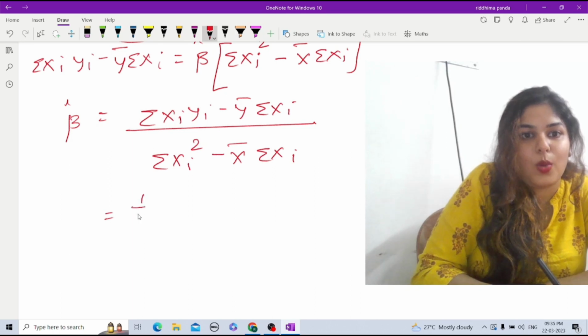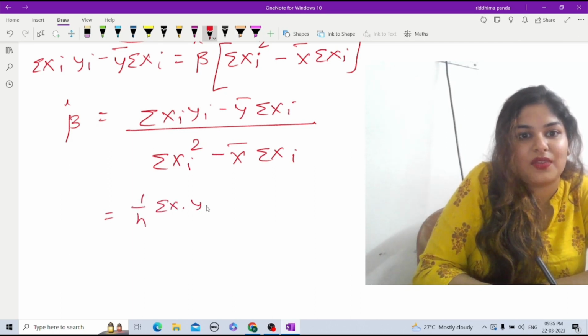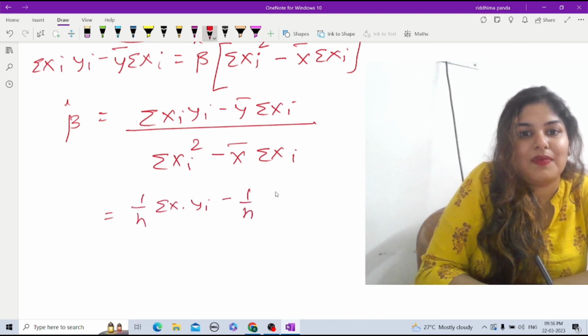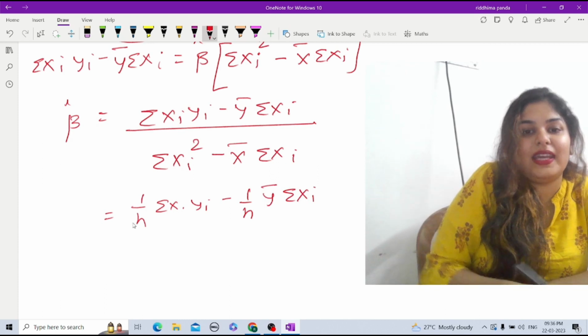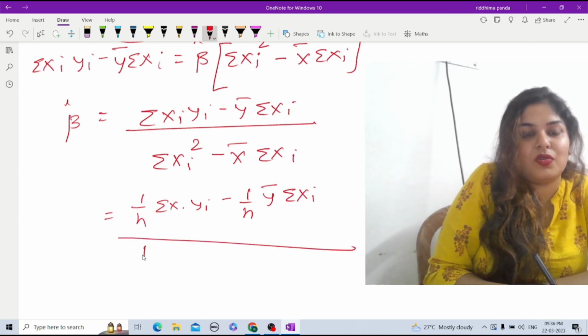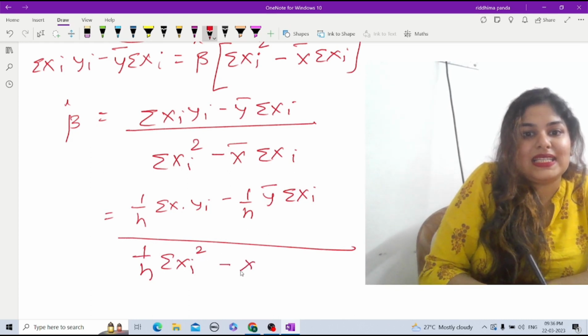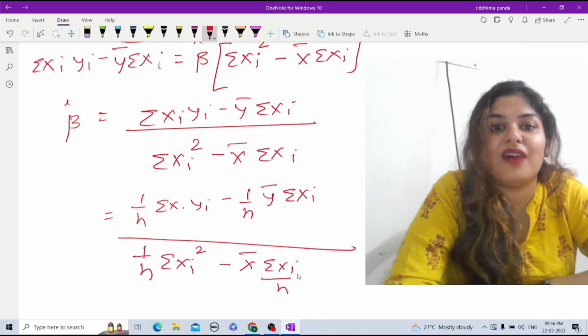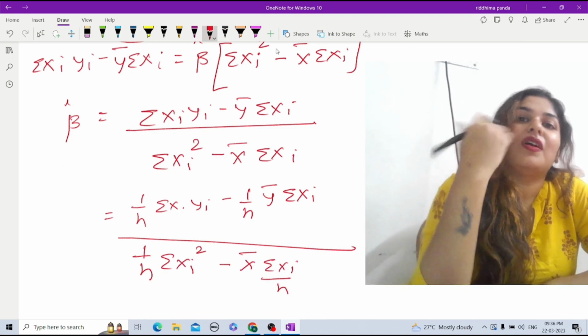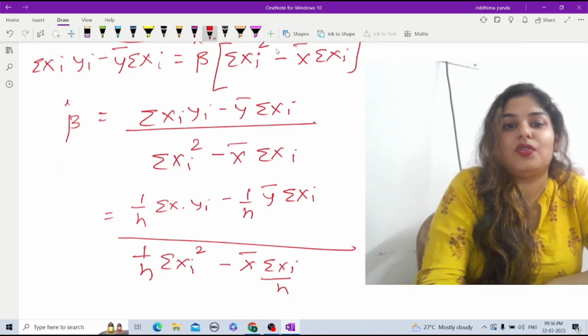So let us say 1 by n summation xi yi minus 1 by n, you already have y bar into summation xi, correct? Whole divided by, again same goes for here, 1 by n summation xi square minus x bar into summation xi by n. So basically I have divided n with the numerator as well as the denominator.